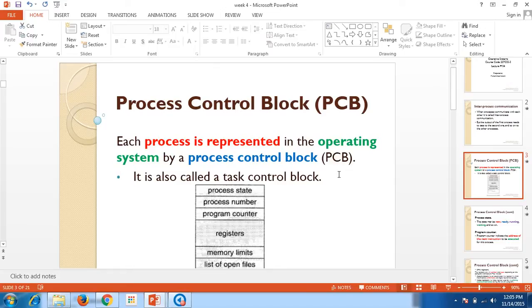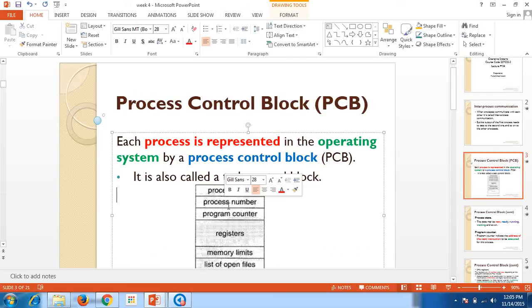We use process control block to represent the process in memory. The process control block consists of process state, process number, program counter, registers, memory limits, list of open files, and so on. These are some of the components of process control block.